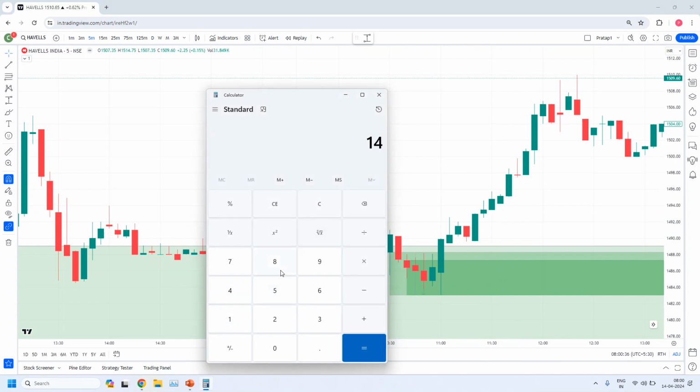Please observe carefully what I am doing. 1487.30. I am adding this to memory, memory plus. So saving. Now I am going to calculate 1487.30 into 0.1 divided by 100.